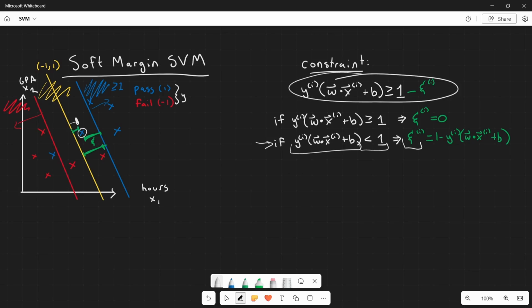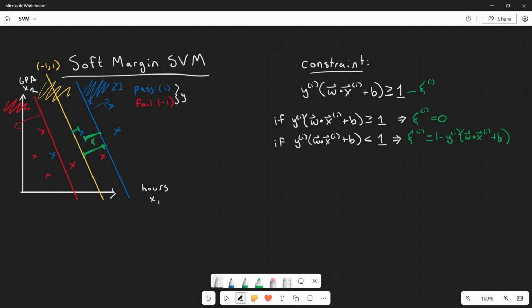So we're going to need some slack variable equal to this distance right here so that we no longer are constrained to this border, but that border gets pushed down the distance of this slack variable to right here. Then that slack variable would be equal to 1 minus the point's distance from the decision boundary.